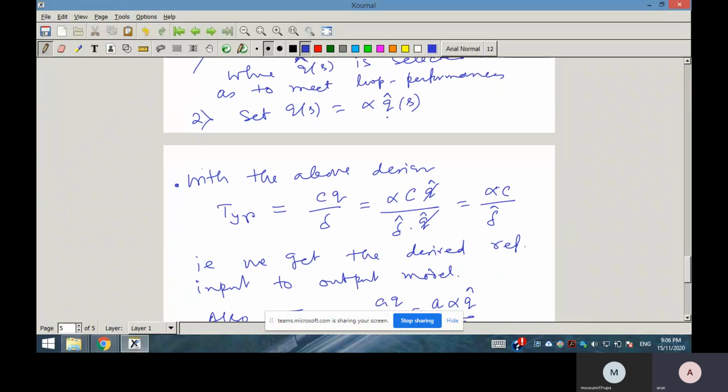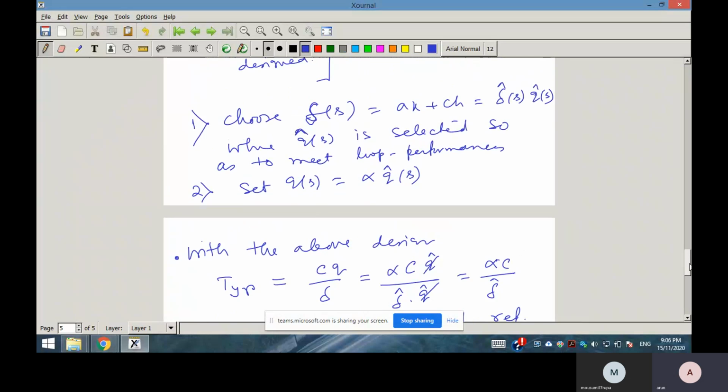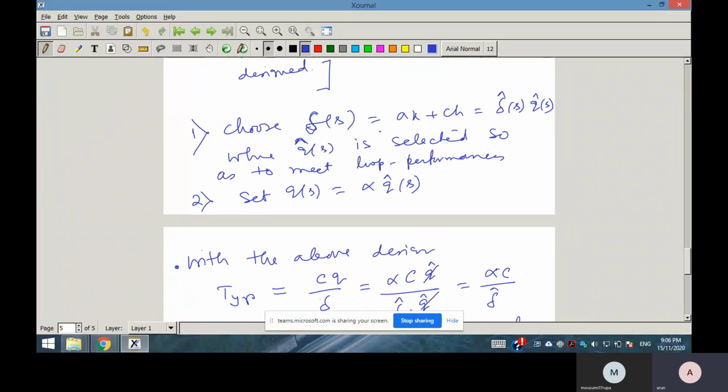QS will be this one. And then once delta S is completely known, you can easily find the parameters of HS and KS using the Sylvester matrix equation that we have seen in case of 1-degree of freedom control, or just by comparing the coefficients for lower order system, you can easily do that. That I will be doing here.